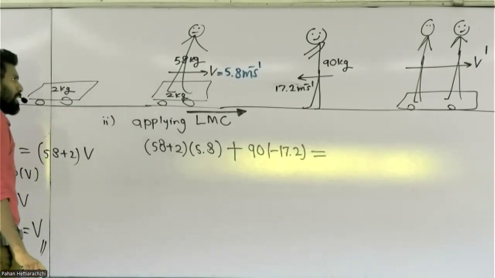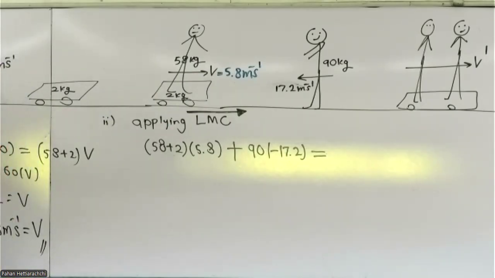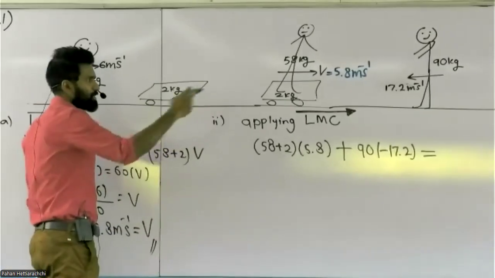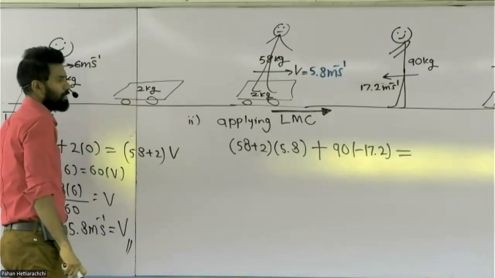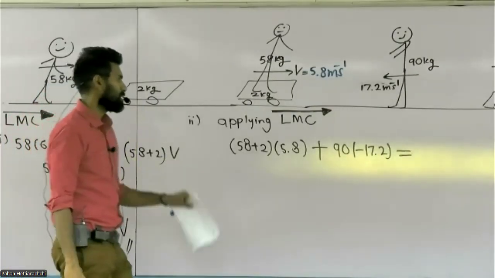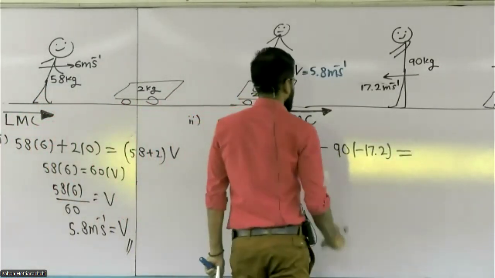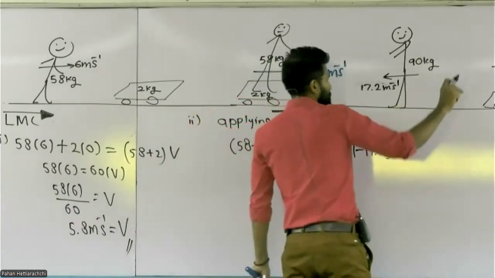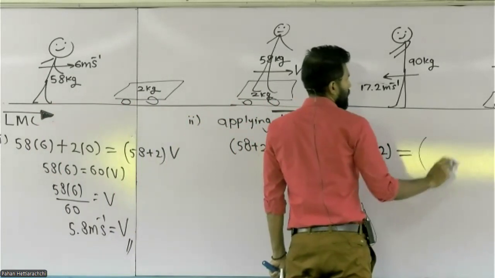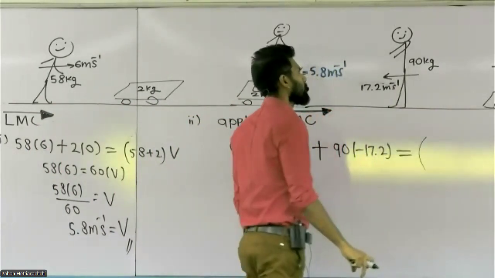Meantime, there's another man coming in a head-on collision, mass 90, velocity 17.2. He is coming to hit the initial one, so it's in the opposite direction. The velocity should be minus 17.2, multiplied by 90. These are the initial momentum components. And this man also jumps onto the trolley. Now both of them become a new combination.